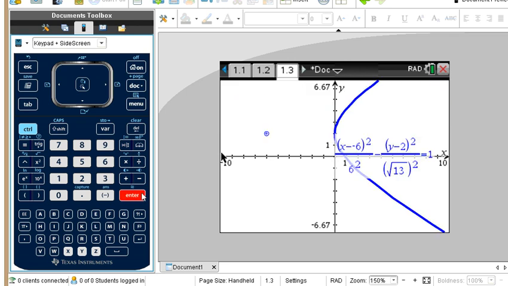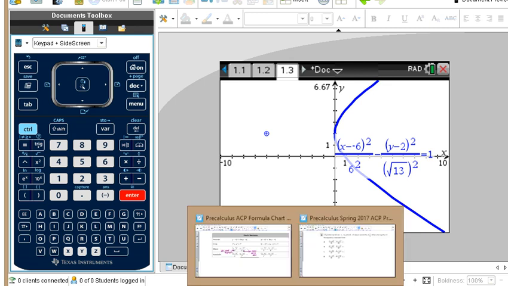And we graph that, and we get this kind of looking hyperbola. And we can check, since this hyperbola is over here, we can check. It looks like we were asked about our foci, is it?